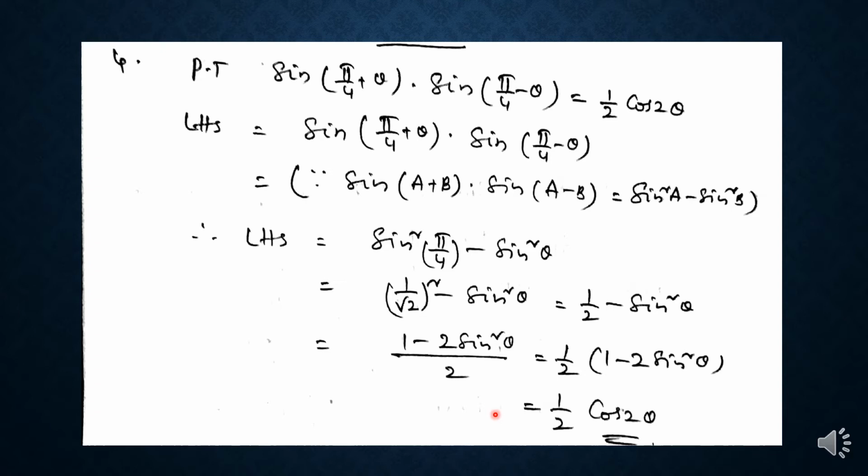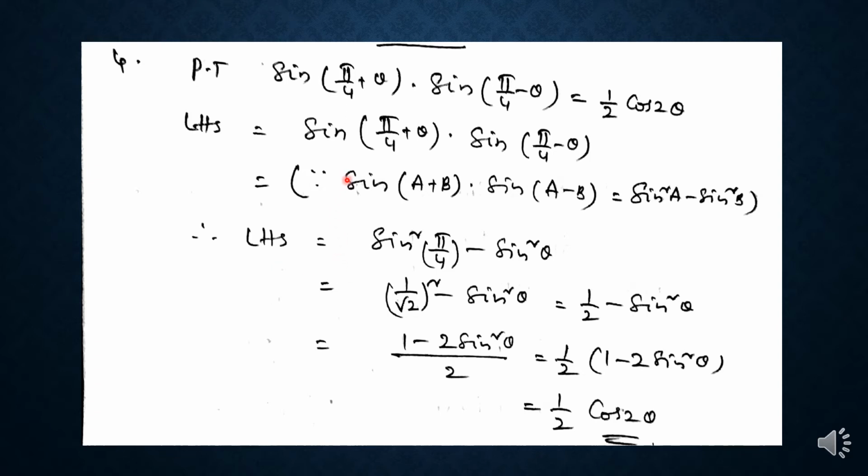Cos 2 theta in terms of cos theta is 2 cos square theta minus 1. Cos 2 theta in terms of cos and sin is cos square theta minus sin square theta. So here 1 minus 2 sin square theta can be written as cos 2 theta. So that is equal to half into cos 2 theta, which is RHS. So hence proved.